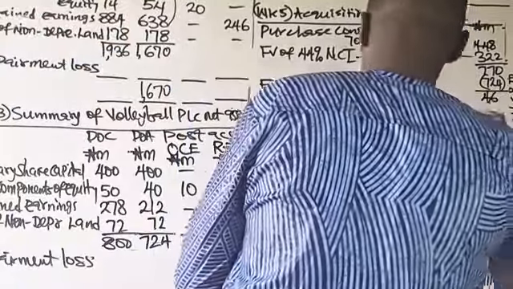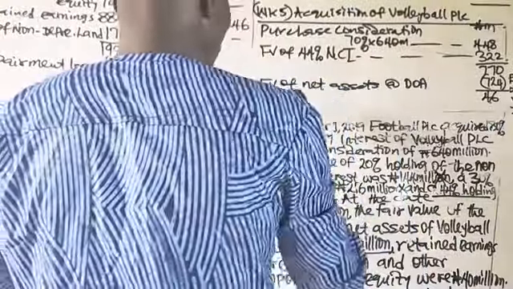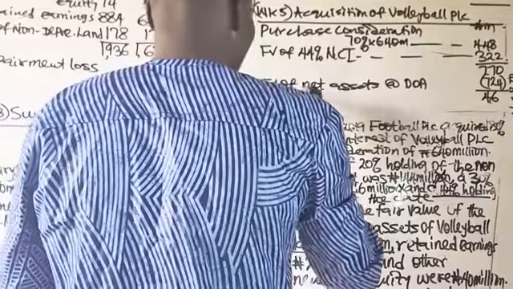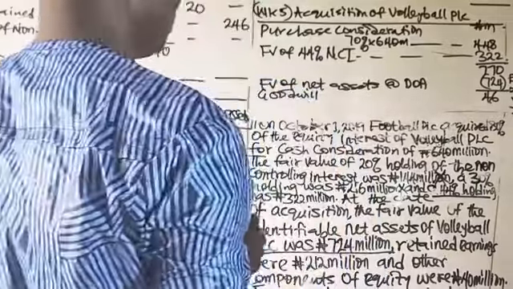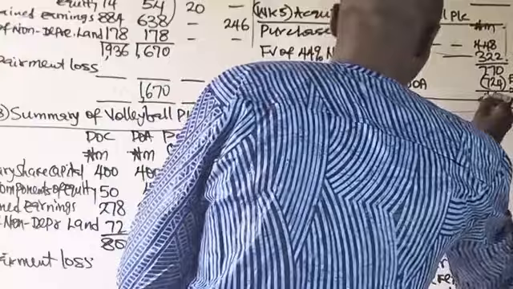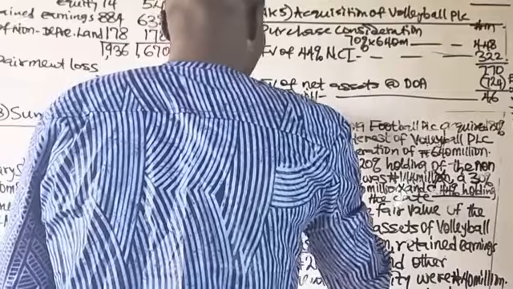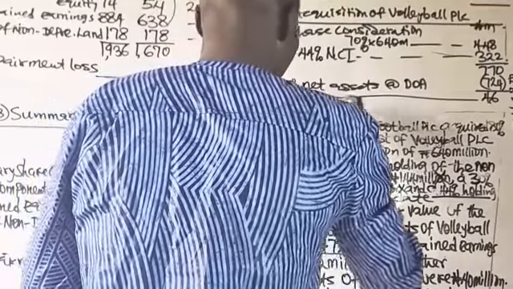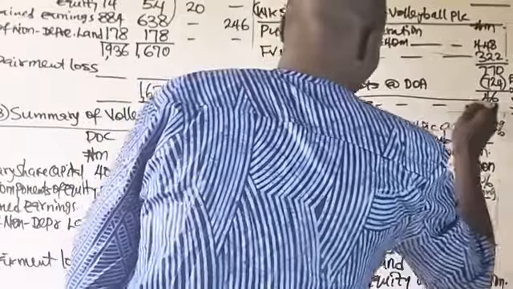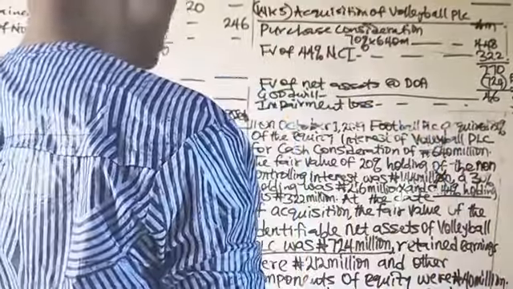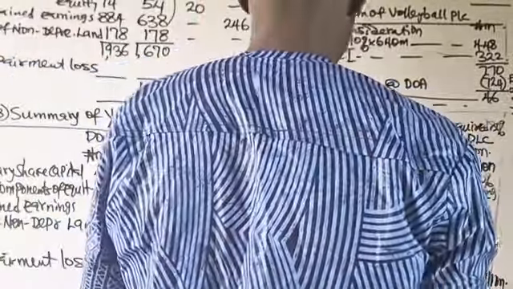That is the goodwill on acquisition of Volleyball. Then after that, you deduct impairment loss, if any. Impairment loss, if any, will be charged against the goodwill of Volleyball PLC.